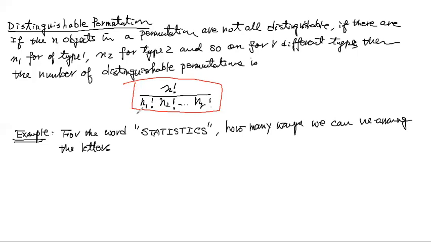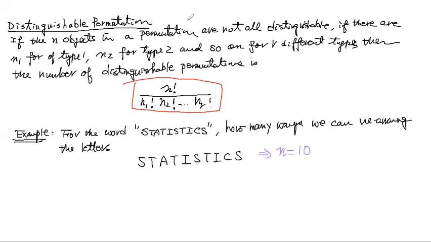So let's take a look, right? For the word statistics, we have S-T-A-T-I-S-T-I-C-S. If you count it, the total number of letters is 1, 2, 3, 4, 5, 6, 7, 8, 9, 10. So I have 10 letters.